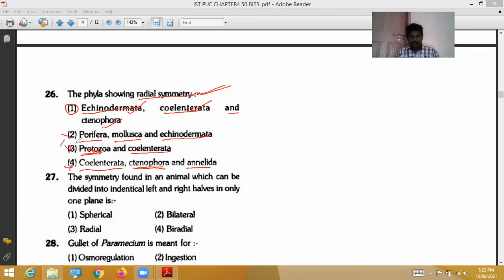Due to those characters, these 3 are absent. So for the 26th question, the correct option is the first.